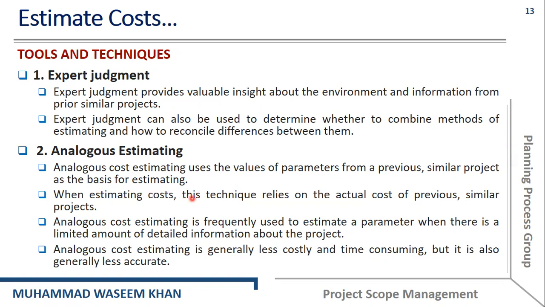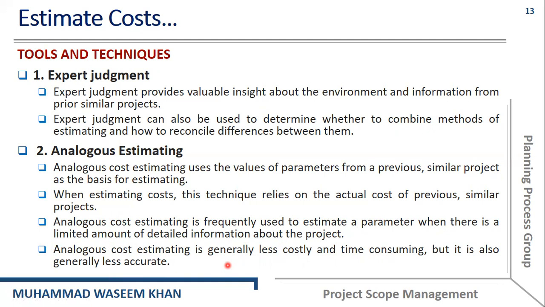When estimating cost, this technique relies on the actual cost of previous, similar projects. Analogous cost estimating is frequently used to estimate a parameter when there is a limited amount of detailed information about the project. It is generally less costly and time consuming, but also generally less accurate.